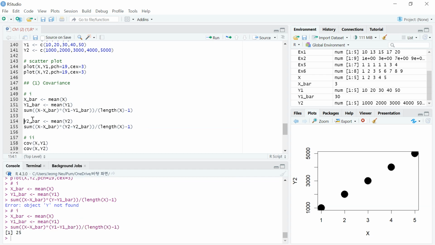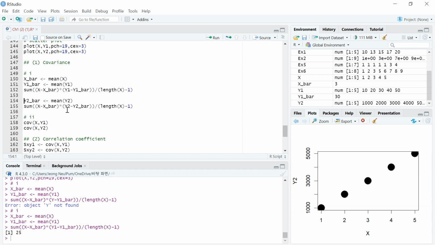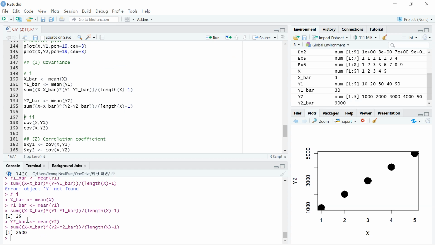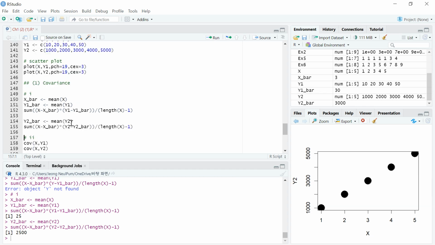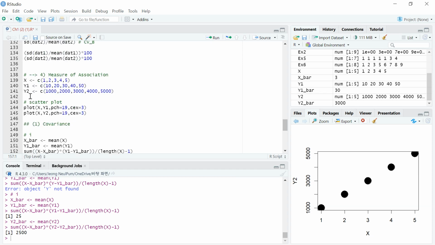So if you get the covariance here, you can see that the covariance between x and y1 is 25. And let's run the second code, which is the covariance between x and y2. The covariance between x and y2 is about 2500, which is much larger than the first covariance, because covariance reflects the scale of the data.